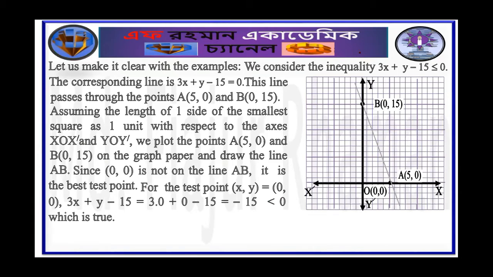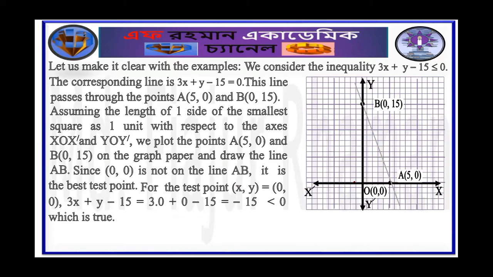And the given inequality is less than 0, which is relevant. The relation is true. That's why the graph of 3x plus y minus 15 less than 0 will be the half plane containing the origin, containing the point (0, 0).